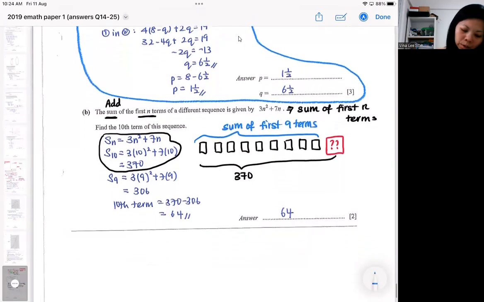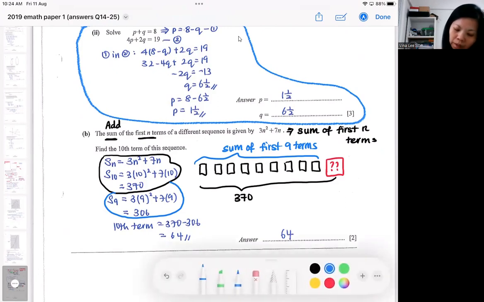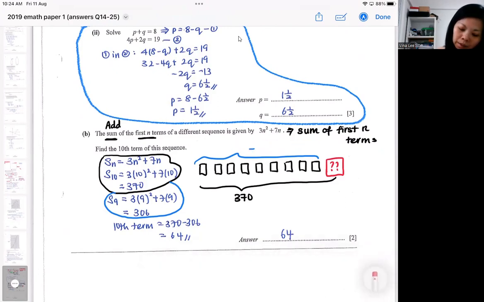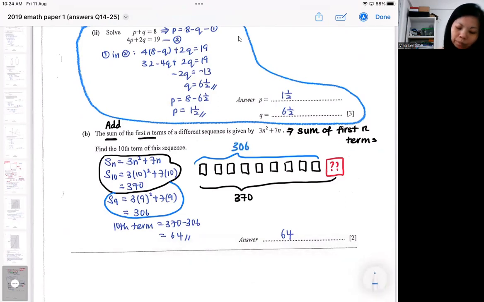So that's why I work out the sum of the first 9 terms. The formula will help me add up if I put in n equal to 9. So the sum of the first 9 terms is 306. From here, you do simple math, you just subtract, and you will get the 10th term.